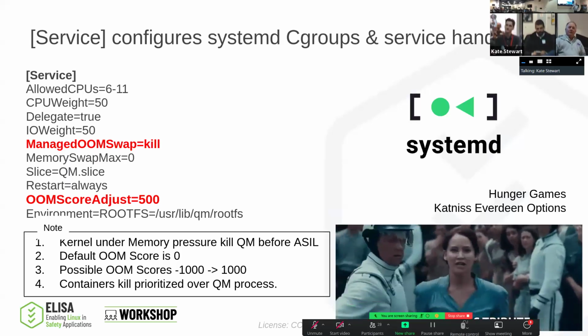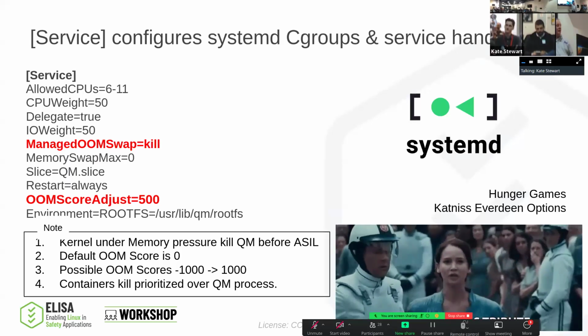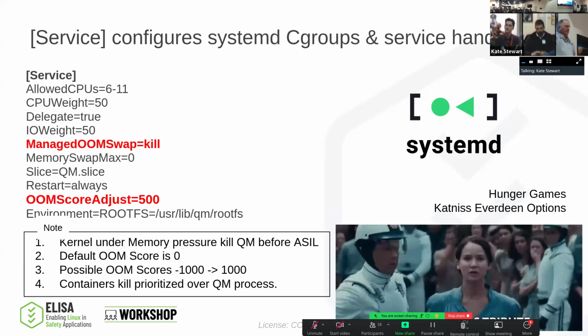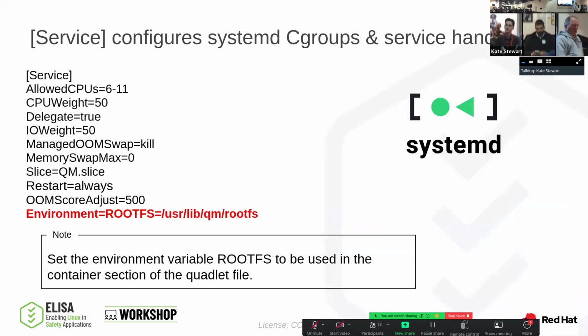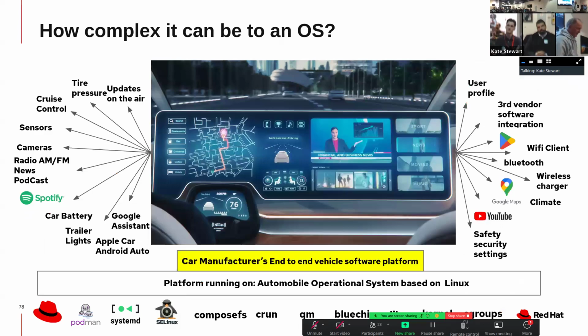Well, with the Katniss Everdeen option, we can basically say, kill processes in the QM before you kill processes in the ASIL. Not only that, but we actually set up the containerized process inside of the QM to be shot. They even step in front of Katniss to be killed first. So you want the container processes, so the entire container, to be killed before the entire QM gets killed. So you can set up all these constraints, and they're all based on the Linux operating system.